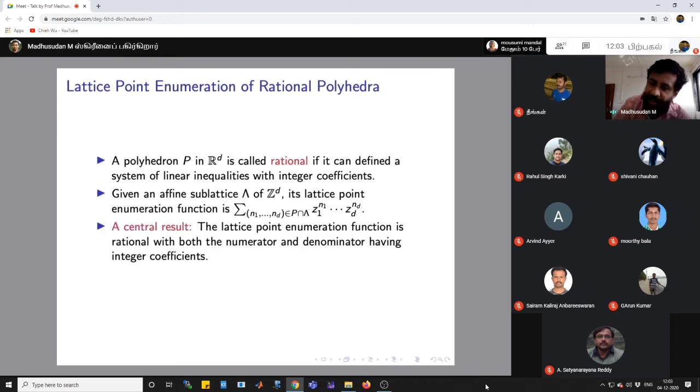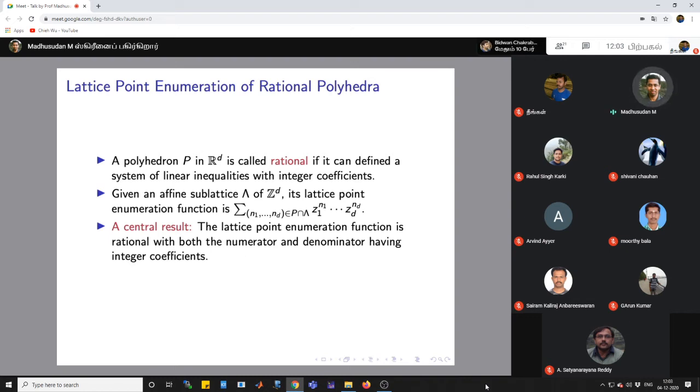And the central result in this topic is the rationality of such a lattice point enumeration function. Again, these rational functions are somewhat nicer in the sense that both the numerator and the denominator can be chosen to have integral coefficients.